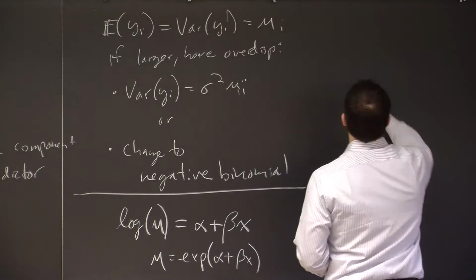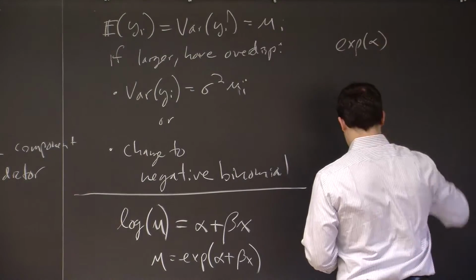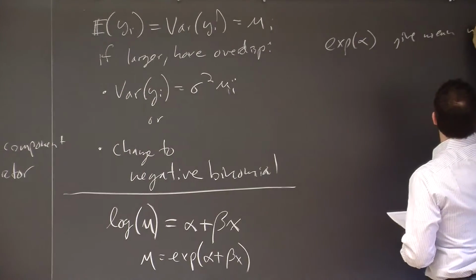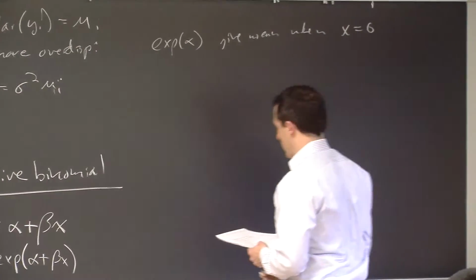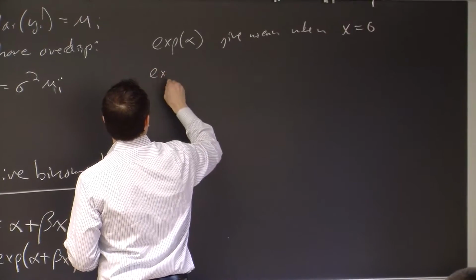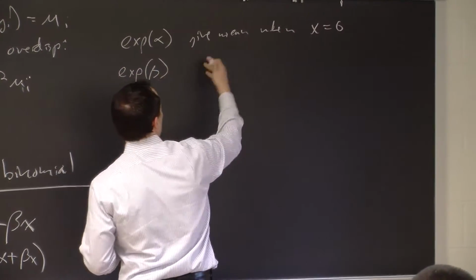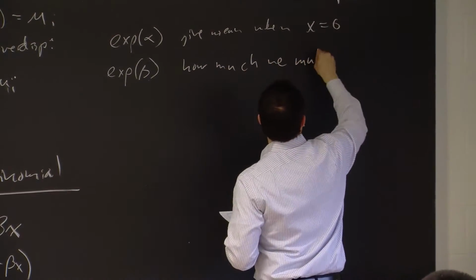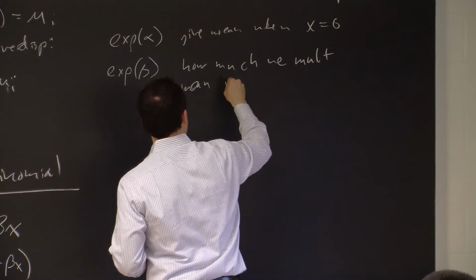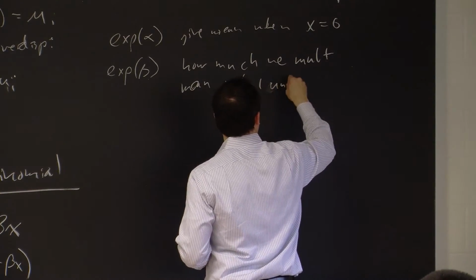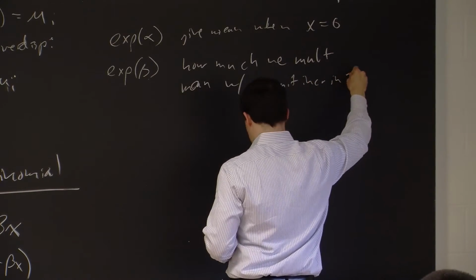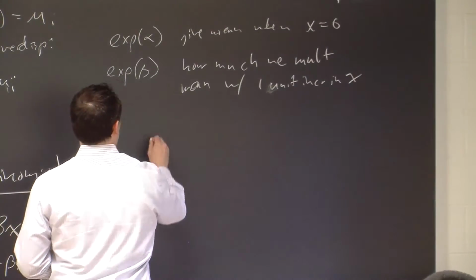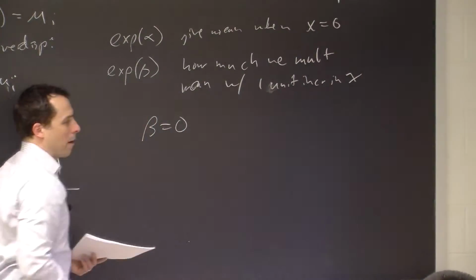The exp of alpha is the mean when x is 0, and exp of beta is how much we multiply this mean with a 1 unit increase in x. And to say that beta is 0 means we multiply by 1.